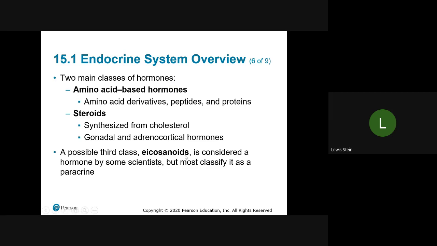The eicosanoids are something you really look at when you do the immune system in lecture, and what it talks about are these local chemicals. Okay, they really are paracrine. They play a big role in inflammation. When you take an aspirin or an ibuprofen, the way it works to slow down inflammation is through these.